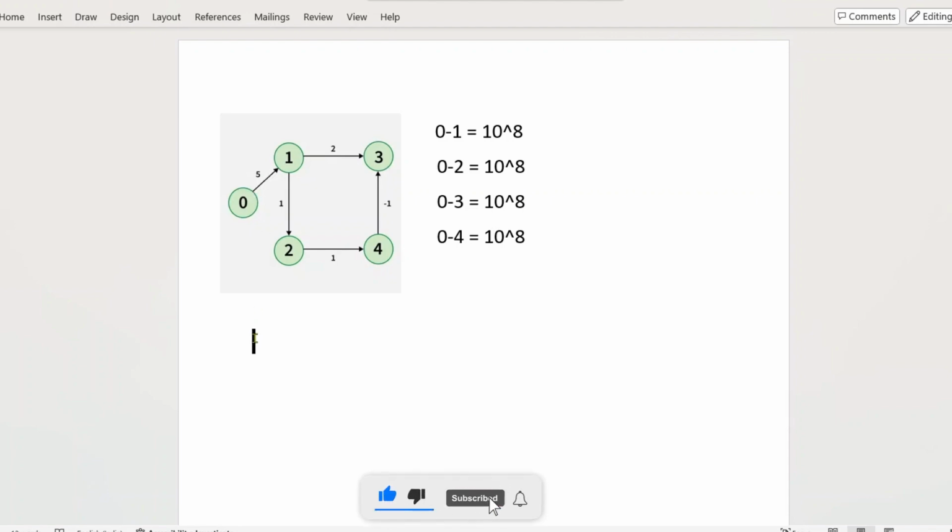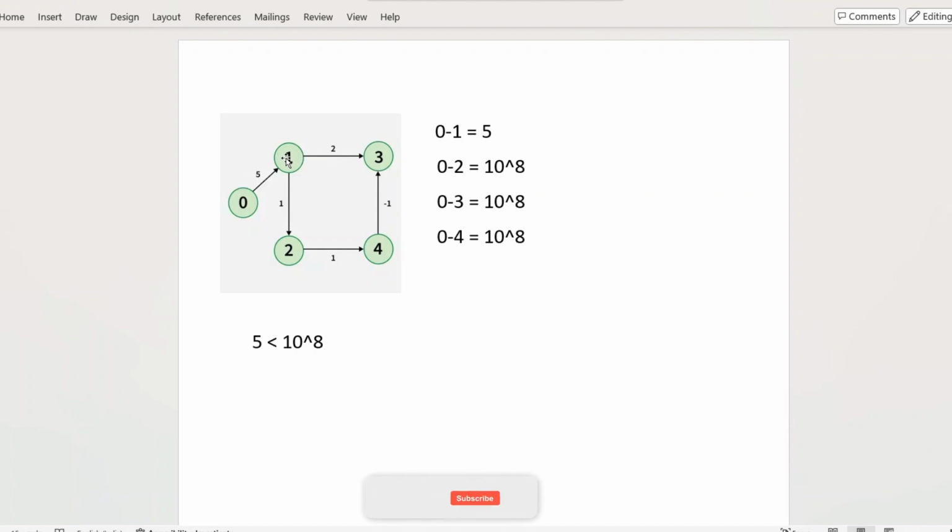So the weight from 0 to 1 is 5, which is definitely less than 10 power 8. So we update the value to 5, and then we move to vertex 1.